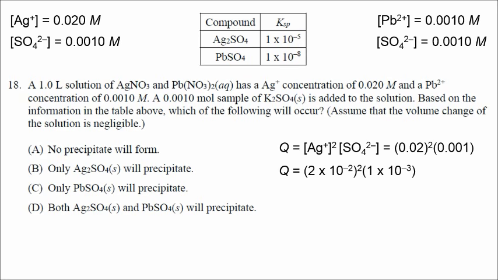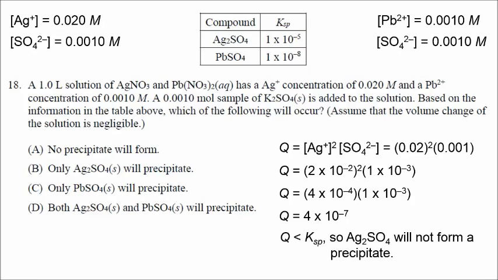And when you square that number, you get 4 times 10 to the negative 4. When you multiply by 10 to the negative 3, Q is equal to 4 times 10 to the negative 7, which, as you can see, is less than the value of KSP, so a precipitate of silver sulfate will not form.